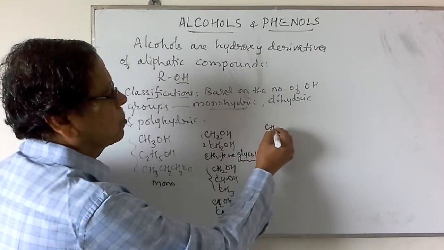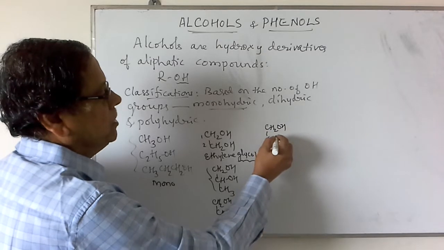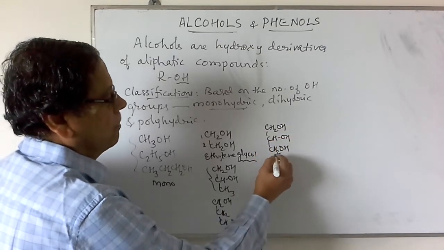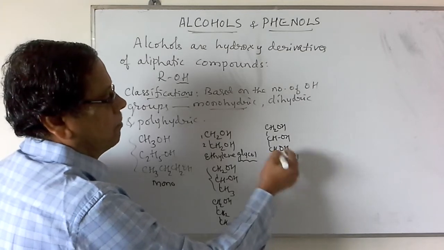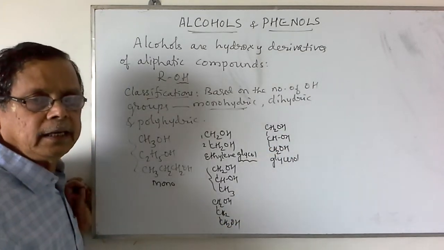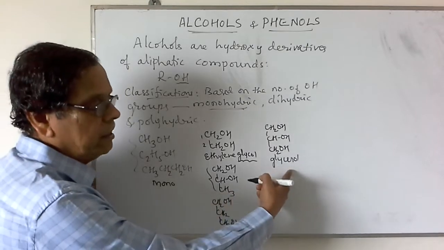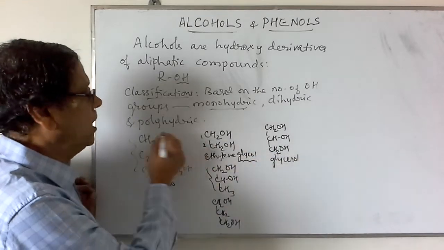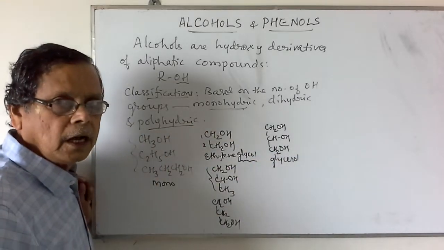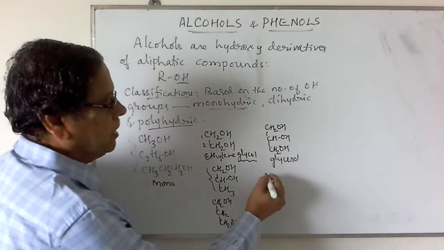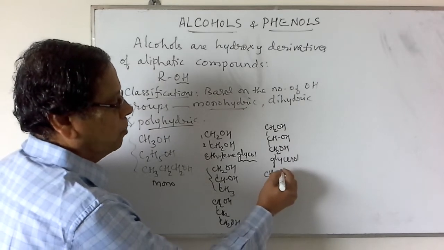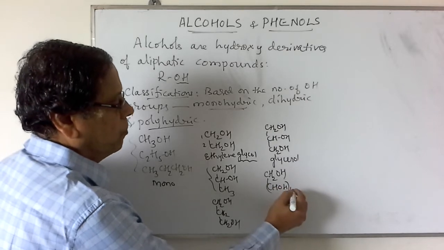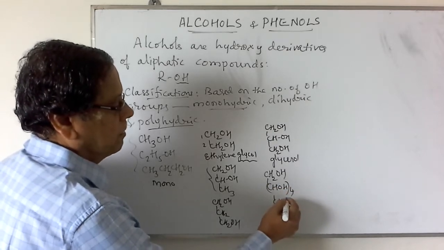Similarly, we have CH2OH, CHOH, CH2OH. This is called glycerol. Propane 1,2,3-triol, that is actually glycerol. This is a trihydric alcohol. If three or more OH groups are present, they are named as the polyhydric alcohols. For example, there is one compound which contains 6 OH groups: CH2OH, CHOH, 4 times, CH2OH.